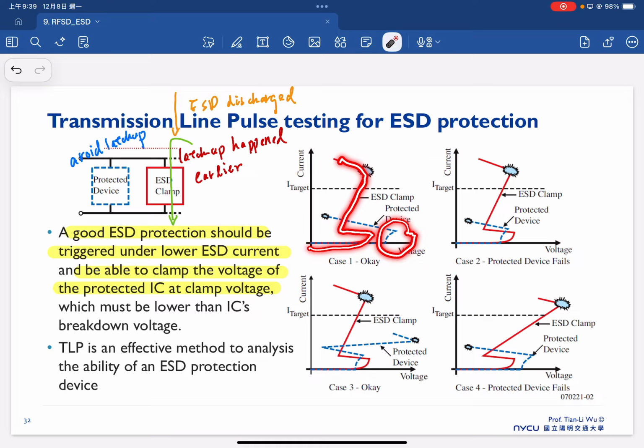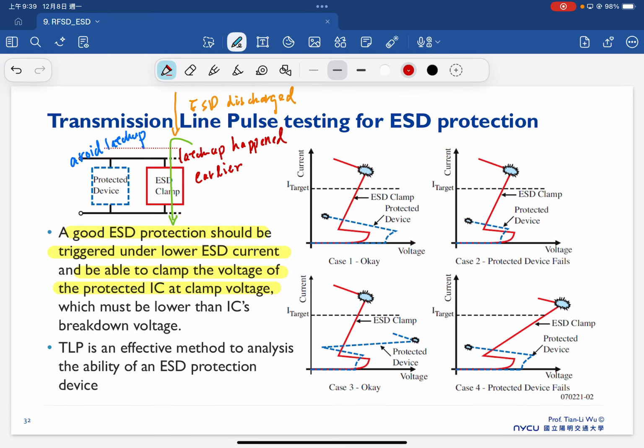So if this can happen earlier, then we won't have to worry that the latch up will trigger in our protected device. So in this graph, the main idea is that the latch up event in the ESD clamp should always happen earlier than in our main protected device.